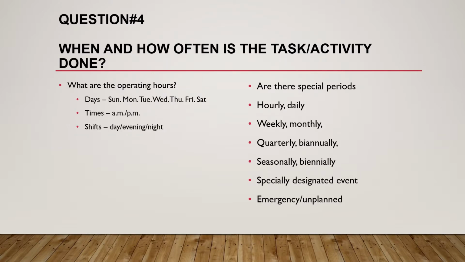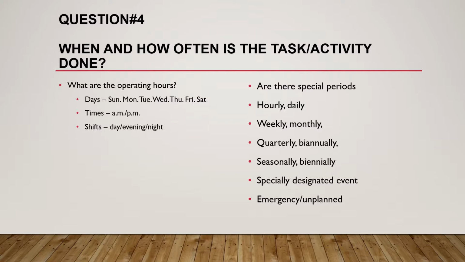Question 4. So when and how often is the task or the activity done? Well, you need to look at what your hours of operation will be. What days are you going to be open? What times are you going to be working? Are you going to have shifts, day, evening, and night shifts? Are there special periods that you will have to be open or not open? Are you going to be operating hourly or daily?